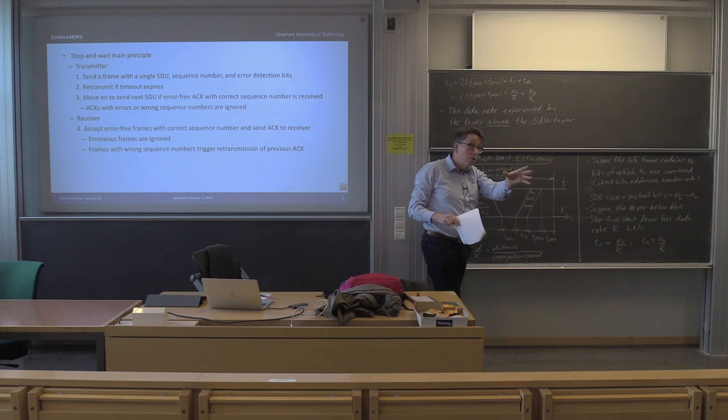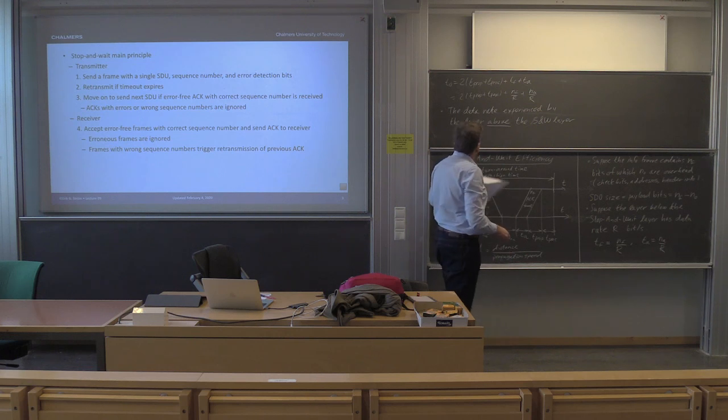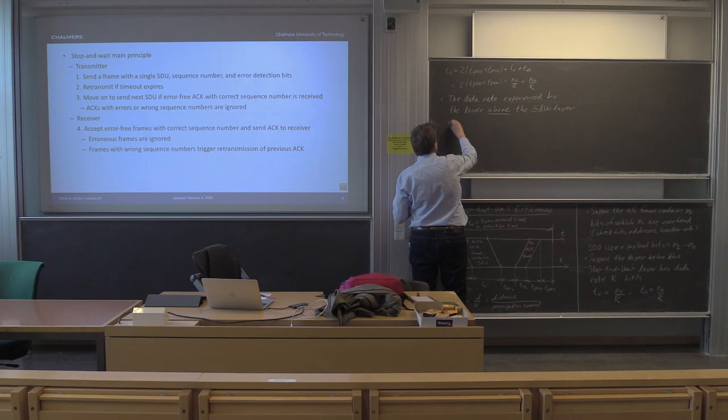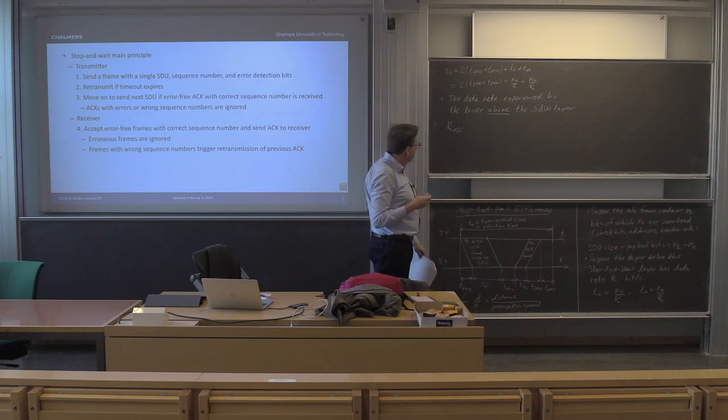And as you correctly pointed out, it can never be bigger than what we got from below. Okay, so sometimes we use a subscript here, effective. So this is what effectively they will see above.